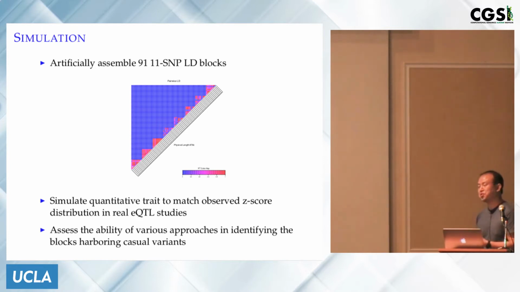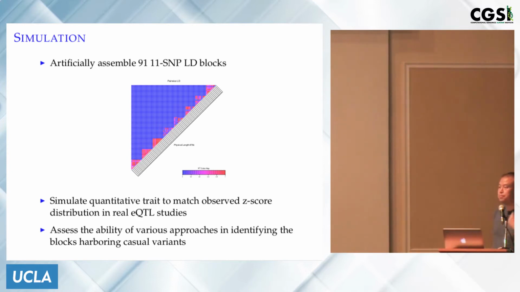So to answer your question, you are absolutely right. I would completely agree that there is no way to distinguish the right or wrong causal SNP, but in this case I'm trying to illustrate there is strong statistical evidence, at least in the simulation, to pick the right locus.